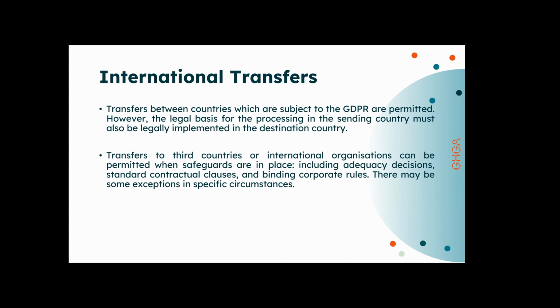There are, as usual, within the GDPR, some exceptions in specific circumstances. So there may be very occasional cases when data is transferred without any of these three being in place. Typically, this would be something where it's vital for national security or criminal proceedings or something like that.